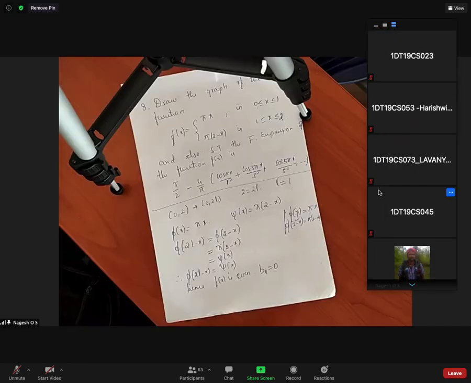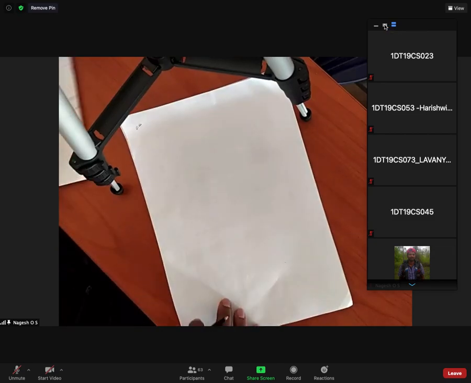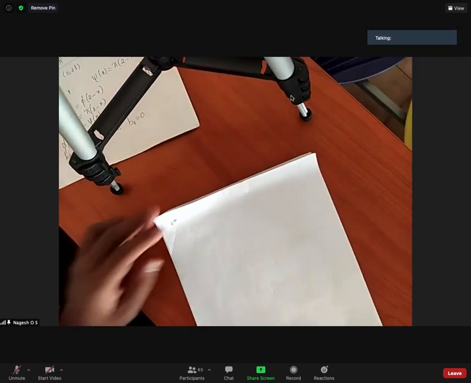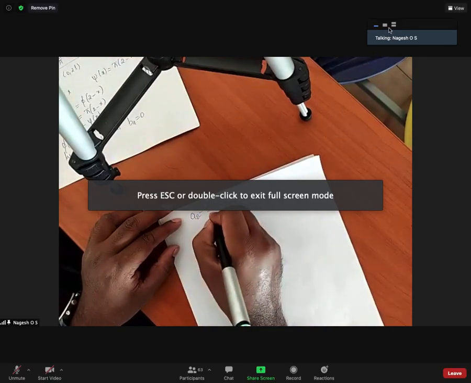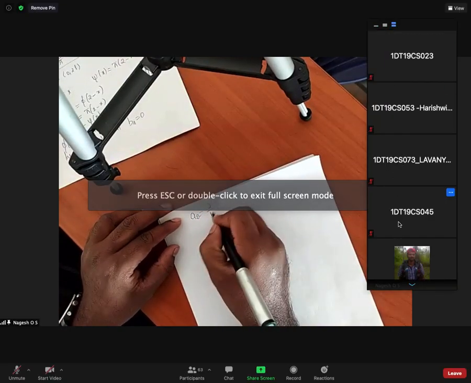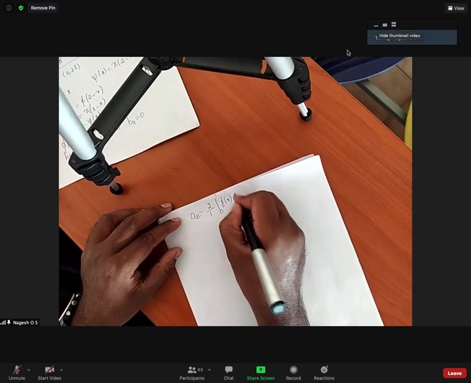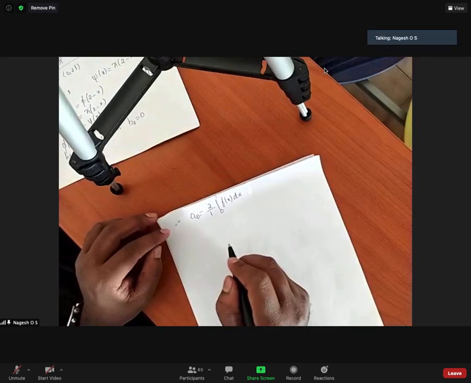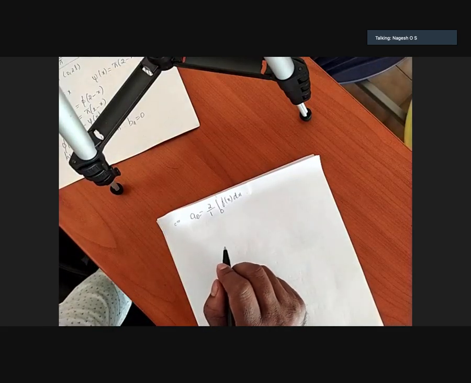Next, we need to find A naught and An. A naught is 2 by L, that is 1, integral 0 to 1, f of x dx. You can refer to that table which I gave.